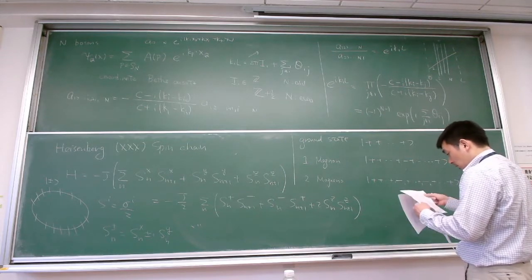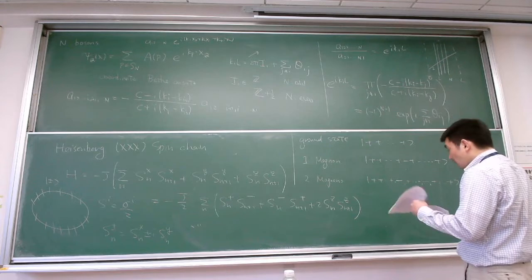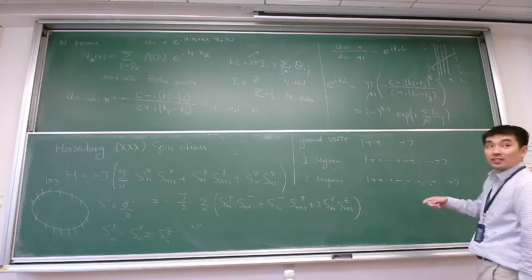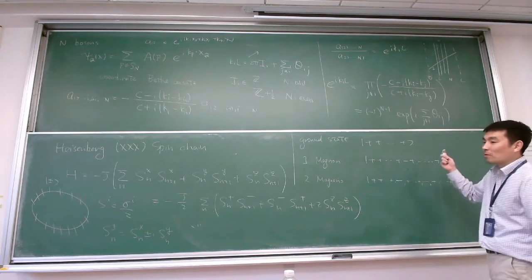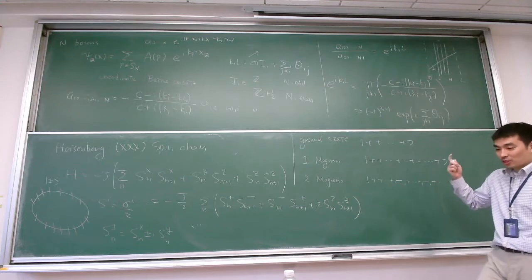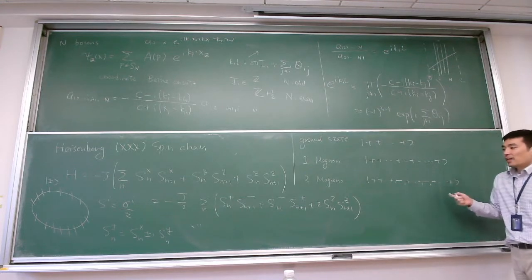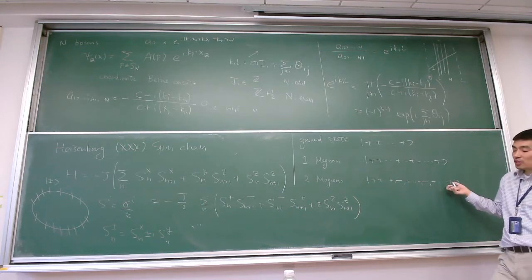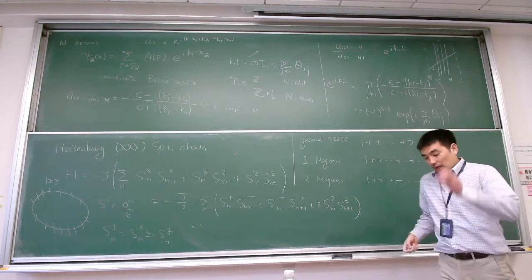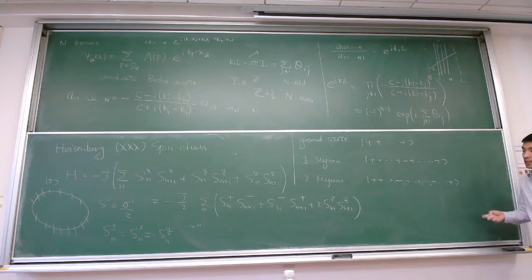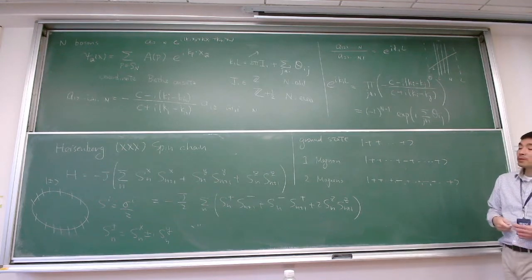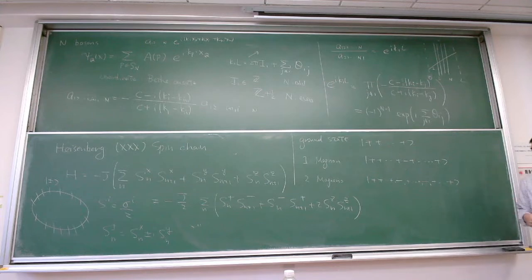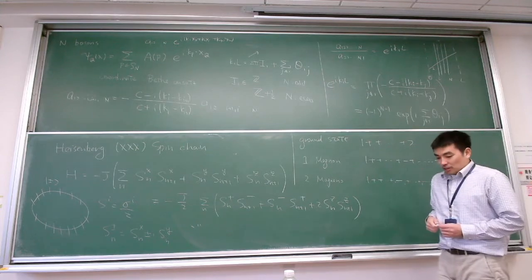After the break, I will talk about the one magnon state, how to solve it, super easy. Next is how to determine the spectrum of the two magnon states, and how to determine the energy and the momentum for two magnons by using the Bethe ansatz.